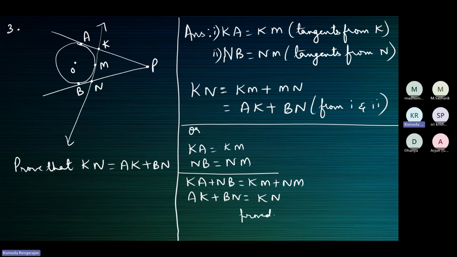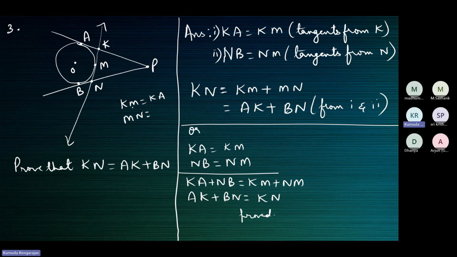Now you can simply add the two results. So you must make sure that you write KM is equal to KA, and then you know that KM plus MN will give you KN. So below KM, you must write MN, the result for MN. KM plus MN is KN.